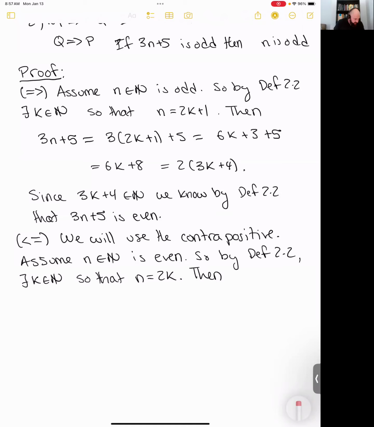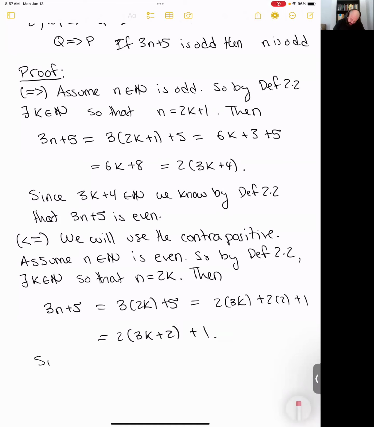Then 3n plus 5 is equal to 3 times 2 times k plus 5. And we want to write this as 2 times something plus 1. So we can see that this is like 2 times 3k plus 2 times 2 plus 1. If I pull out a 2, that's equal to 2 times (3k plus 2) plus 1.